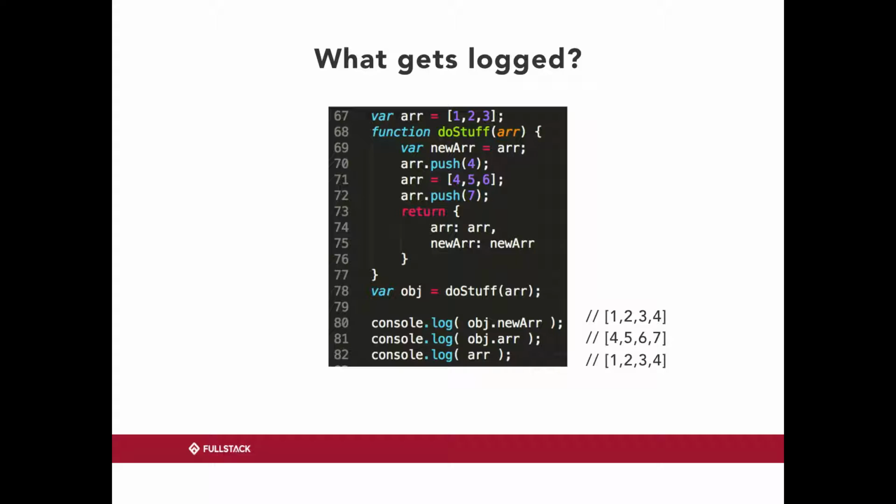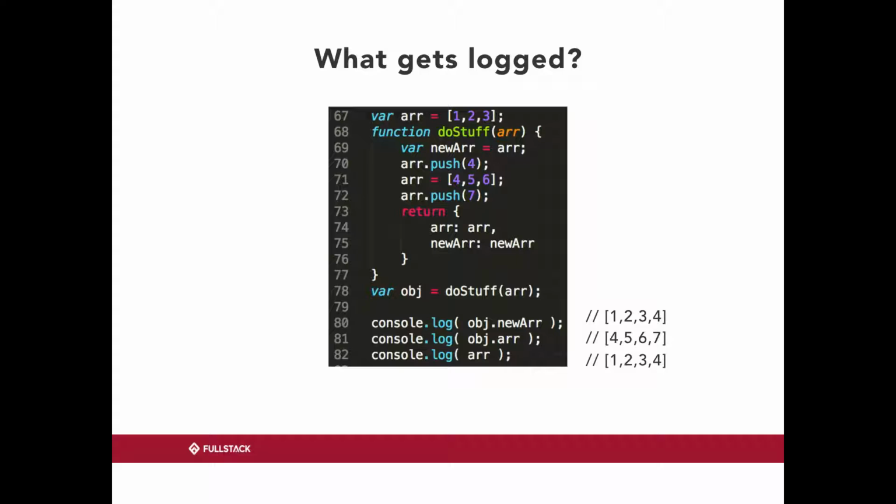Okay, and then inside of this function, we also create this variable called newARR. And we're gonna say this is now gonna equal this as well. So now we have a ton of stuff pointing to this 1, 2, 3 here. We're gonna say, okay, local ARR, let's add a 4 to this, right?